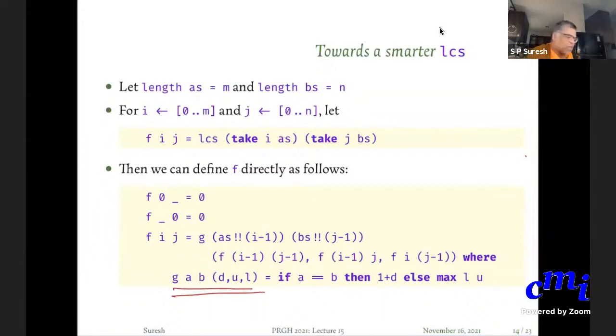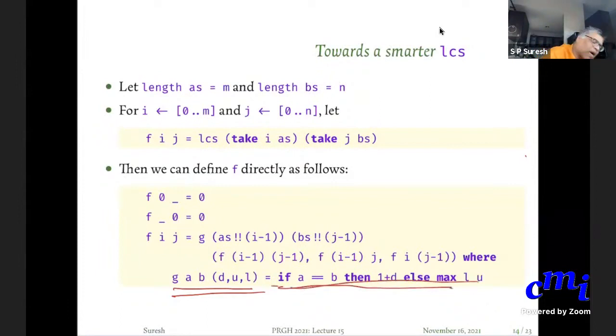G takes two characters, A and B, and then three values, D, U, L. Why D, U, L? D stands for diagonal, U stands for upper, L stands for left. You will figure out why in a minute when I draw a picture. And all you're doing is, if A is equal to B, then 1 plus diagonal value, else max of left value and up value. Okay, this is the basic function.